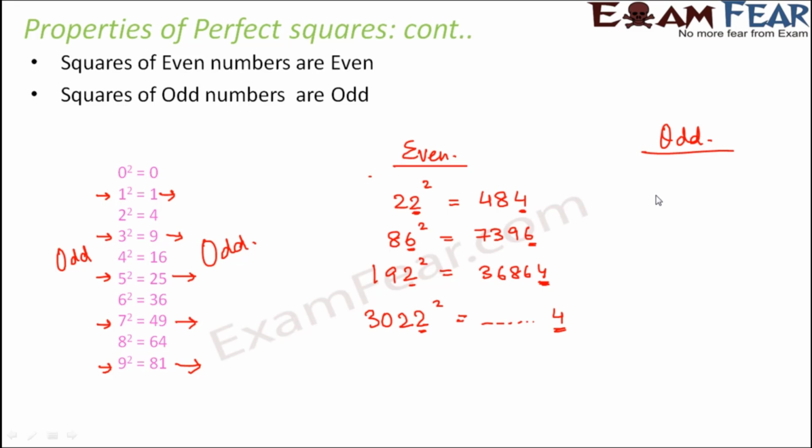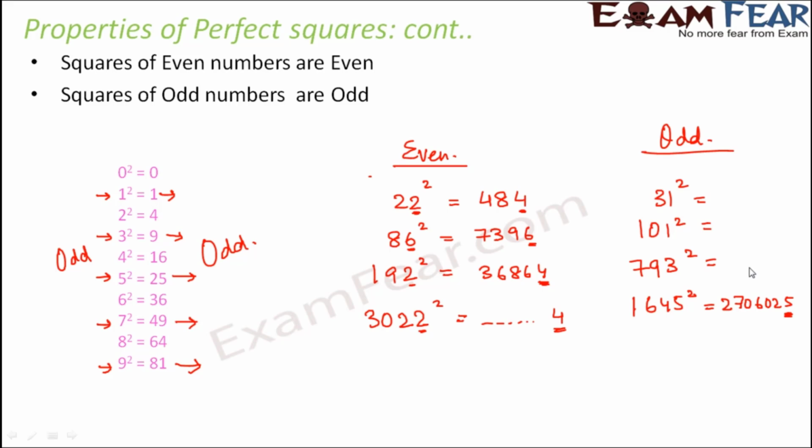Similarly, if you look at some odd numbers, let's say 31 square or 101 square or 793 square or 1645 square. If you look at the values of each of these, 1645 square would give you 2706025.